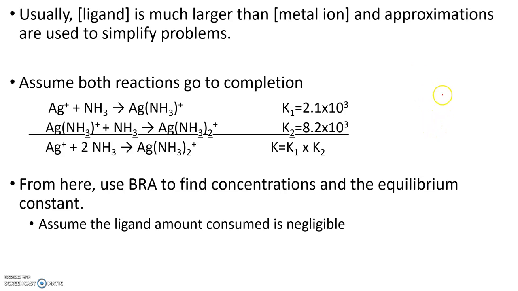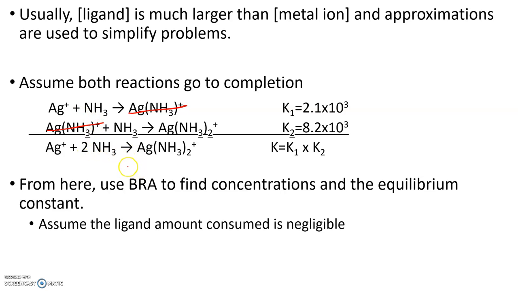Usually the concentration of the ligand is much larger than the concentration of the metal ion, and because of this, we can use approximations to make our lives a little bit easier and to simplify the problems that we're looking at. If we assume that both reactions go to completion, you can use the equilibrium constants for each of the two steps, and if you add them together, this is an intermediate, so it's canceled in your final equation.